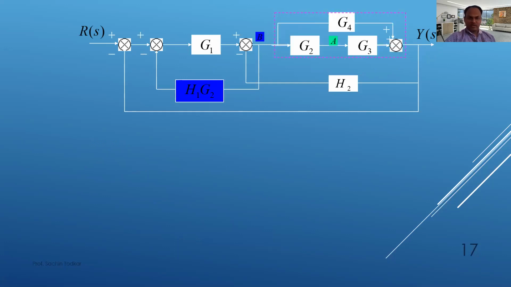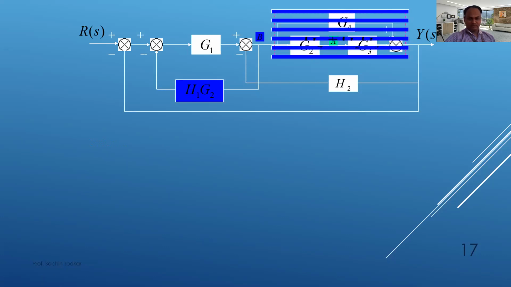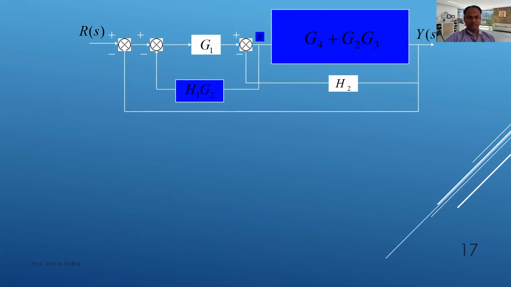First thing, I have shifted the takeoff point from A to B, and it became H1 G2. Now I'm going to add these functions, as G4 is in parallel with G2 and G3. G2, G3 will get multiplied and G4 will get added. So it will become G4 plus G2 G3.